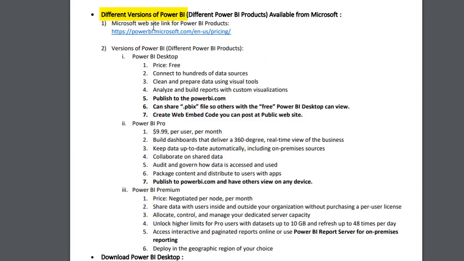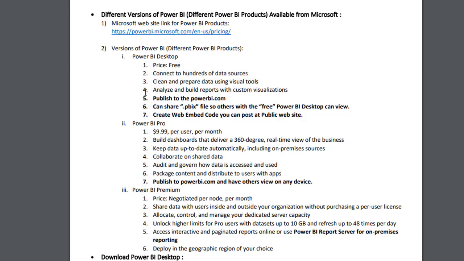Now, there are different versions of Power BI. Here's the Microsoft website that describes each one of the versions: Power BI Desktop, Power BI Pro, and Power BI Premium. Now, we're going to use the Power BI Desktop. This is where we connect to multiple sources, clean and transform our data, do our DAX formulas, and build our dashboards.